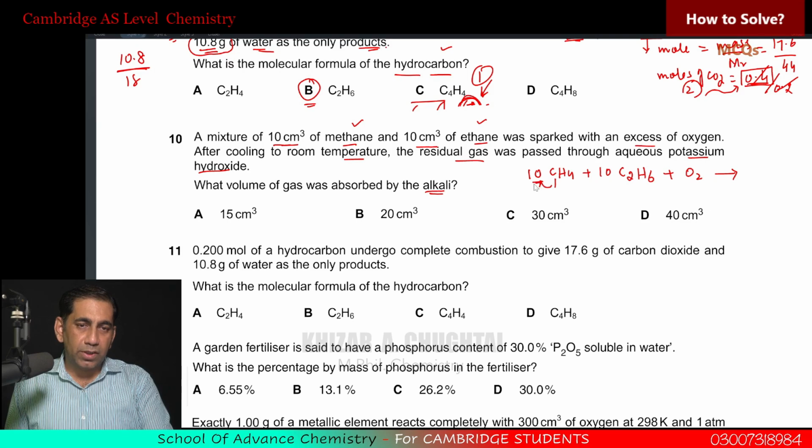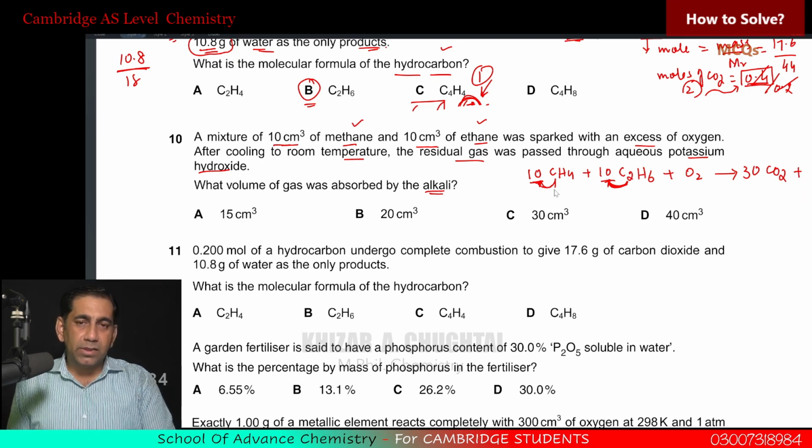Let's suppose these are the moles; volume can be supposed as mole. So 10 carbon over here, 20 carbon over here, overall 20 plus 10, total 30 carbons. So overall 30 mole or 30 centimeter cube of CO2 will be formed.